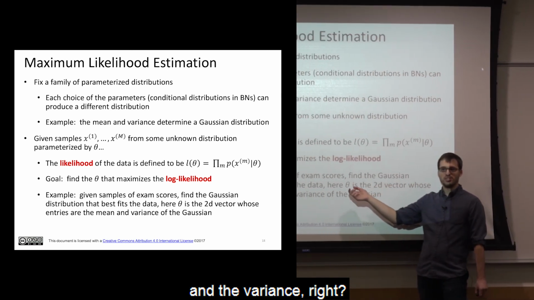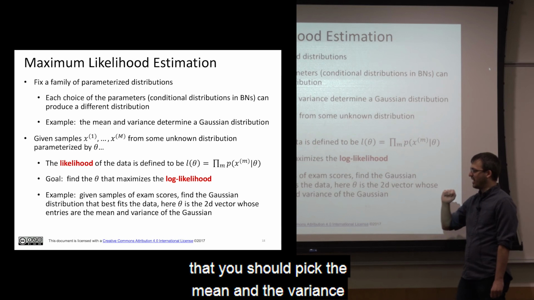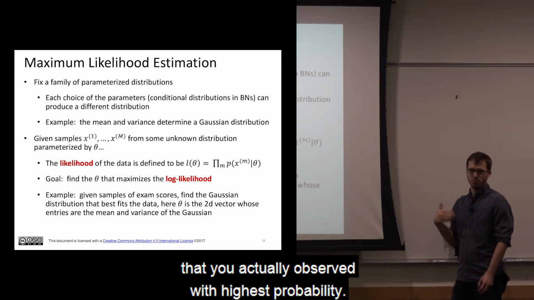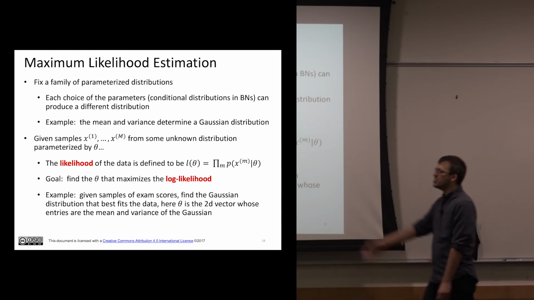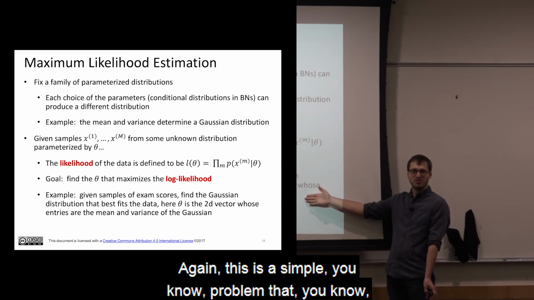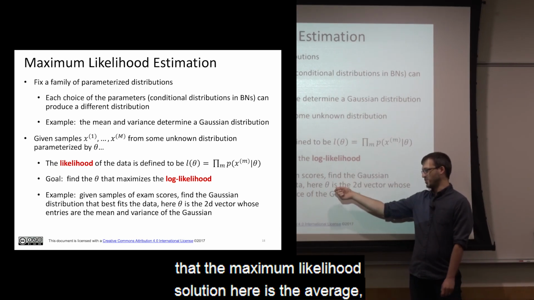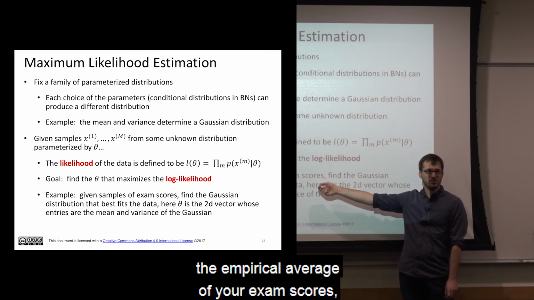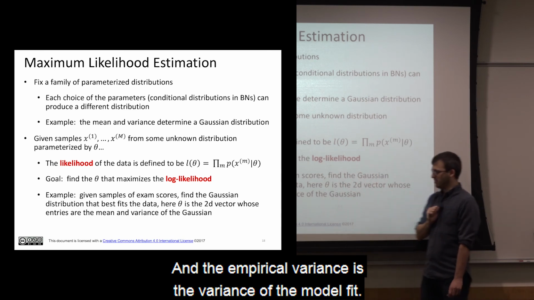The maximum likelihood principle says that you should pick the mean and the variance that generate your data samples, the exam scores that you actually observed, with highest probability. That's what it means to fit this data. This is a simple problem that you're probably well familiar with. The maximum likelihood solution here is the empirical average of your exam scores, that's the mean, and the empirical variance is the variance of the model fit.